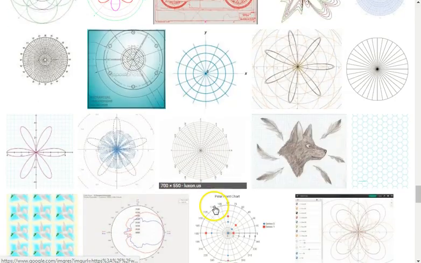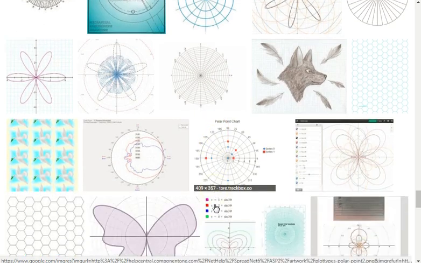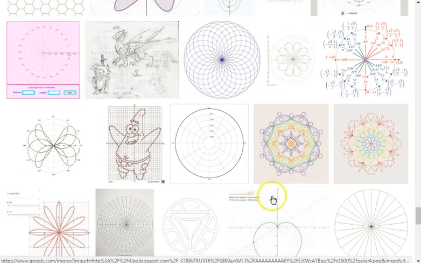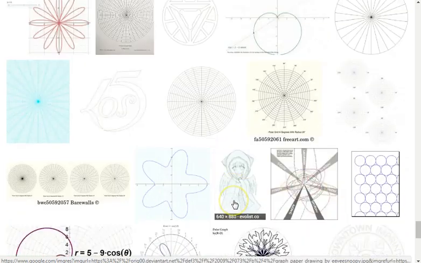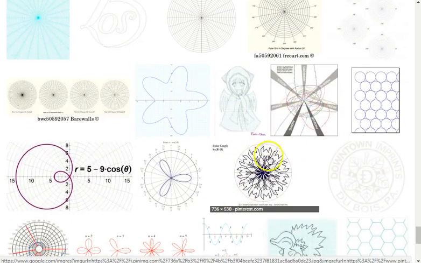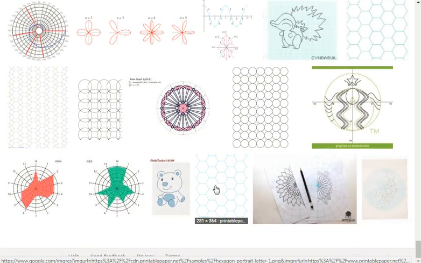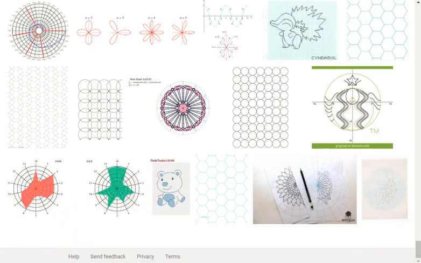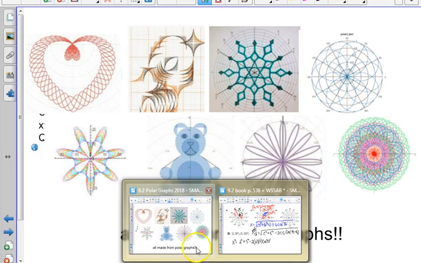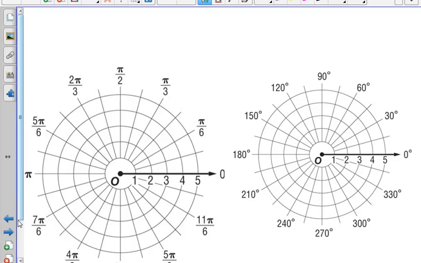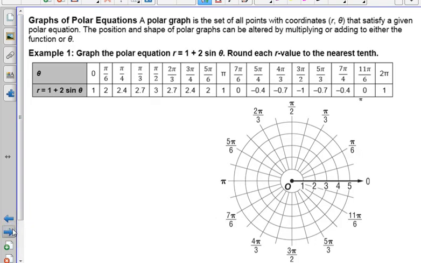I don't think that's polar graph paper. Ooh, those are nice. Yeah, I don't think. Okay, here's polar graph paper. All right. So, back to the lesson here. Yep, not sure why that's there.